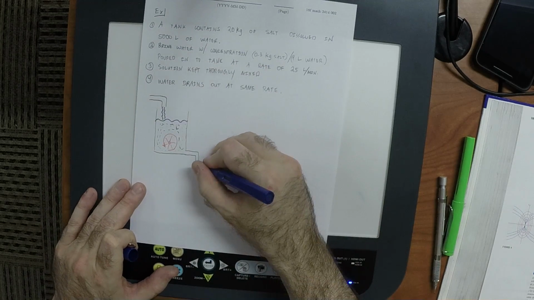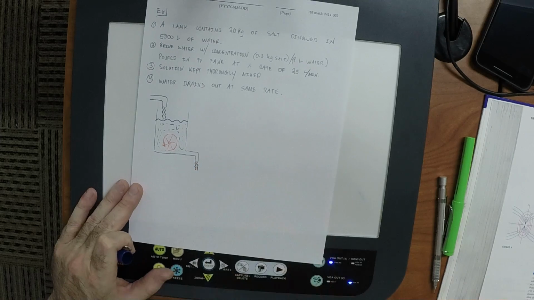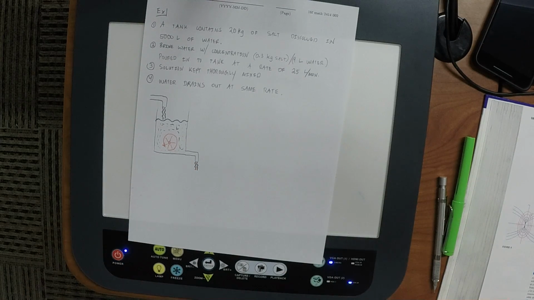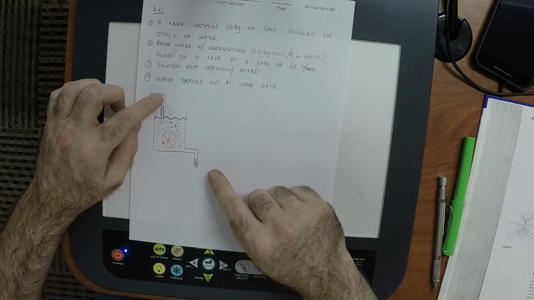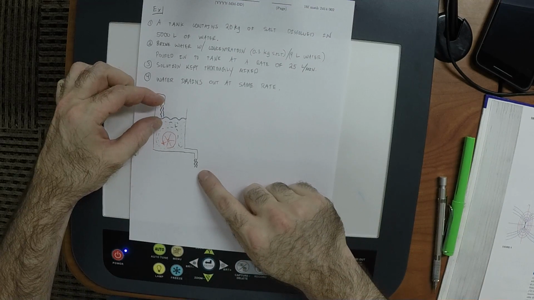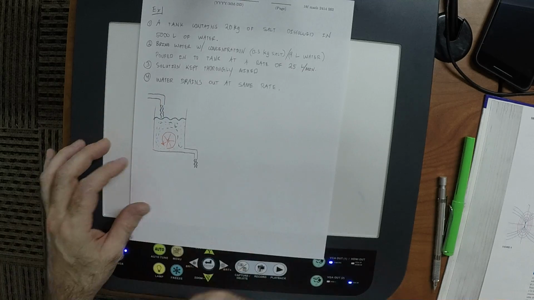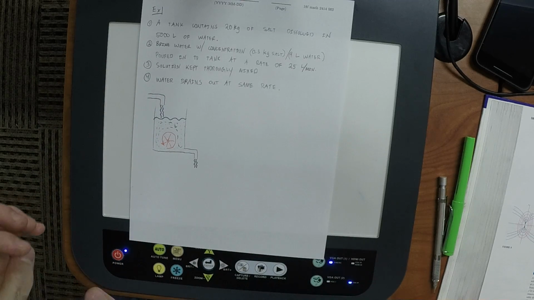It's being all mixed up, and there's water leaving. And we've arranged matters so that the rate at which the water comes in is the same as the rate at which the water goes out.